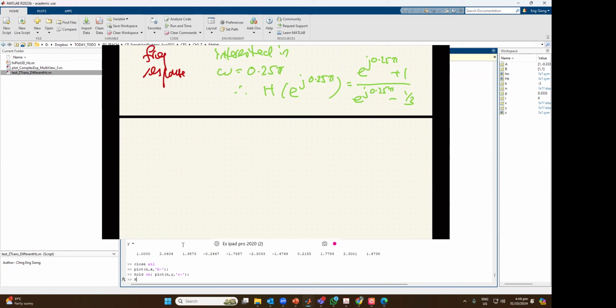H of e to the j omega is equals to exponent j times 0.25 times pi plus 1, that's the numerator, divided by exponent of j times 0.25 times pi minus 1 third. Answer. Huh? Oh, j.